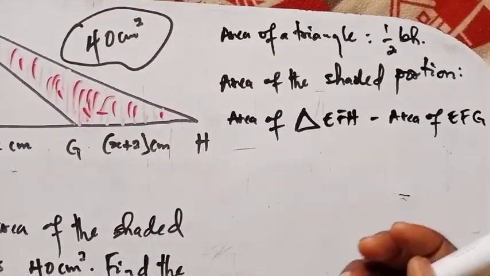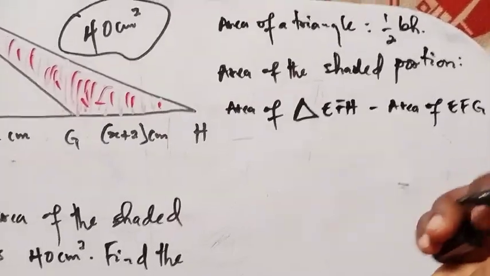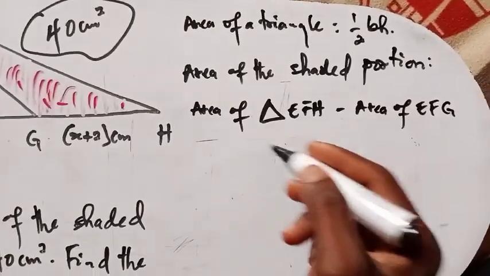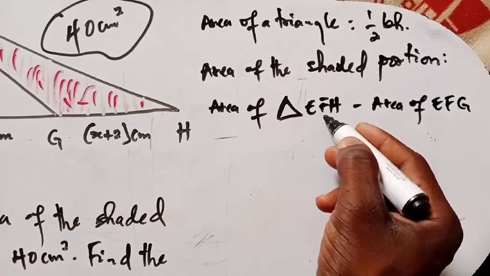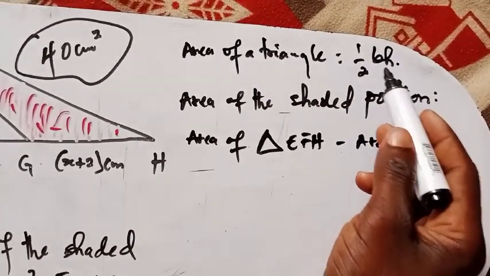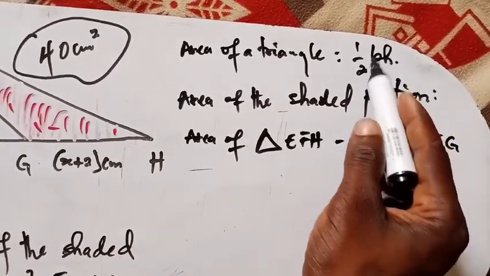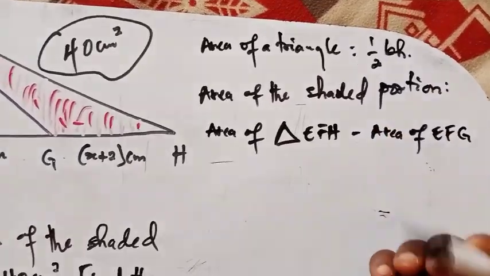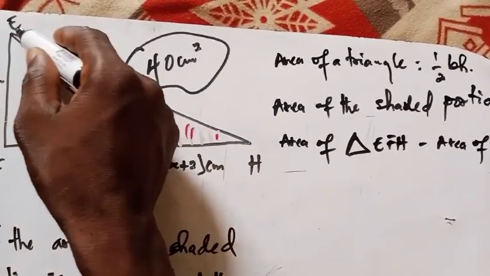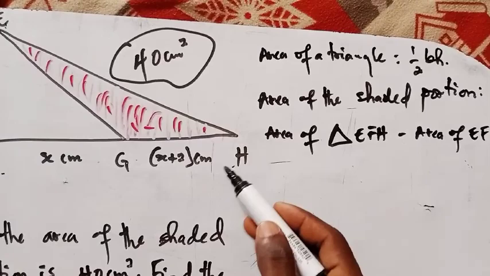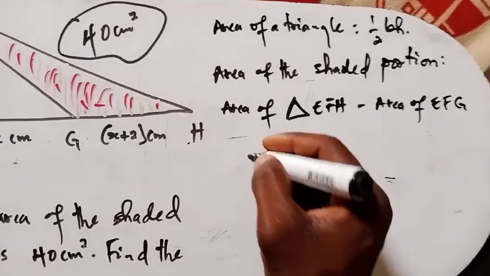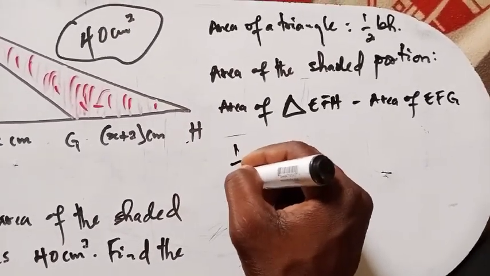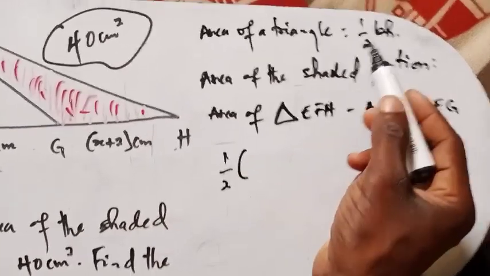So moving forward here, you just have to substitute and go straight to the point. The area of the triangle EFH, that's what you have at the beginning. The area of the triangle is also half base multiplied by the height. So which one is going to be the height? We have 1 on 2, and then multiply by the base.